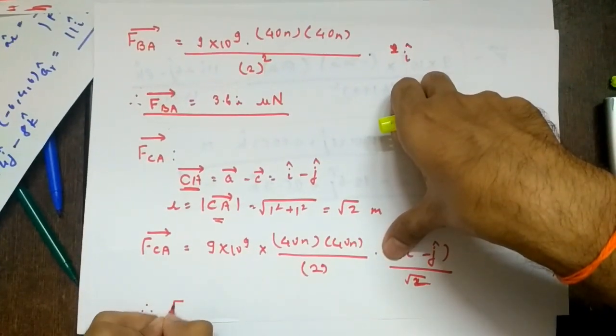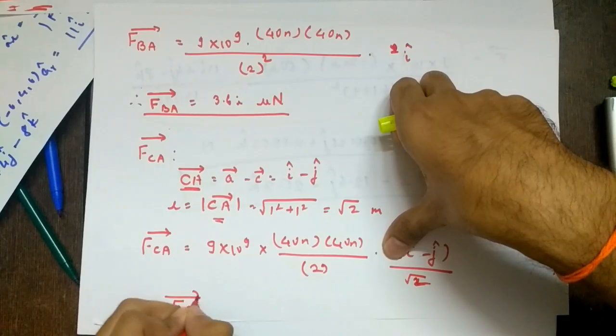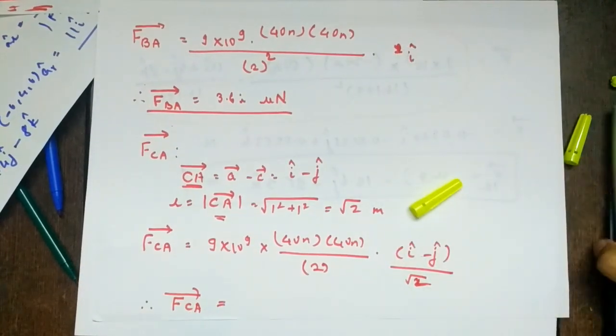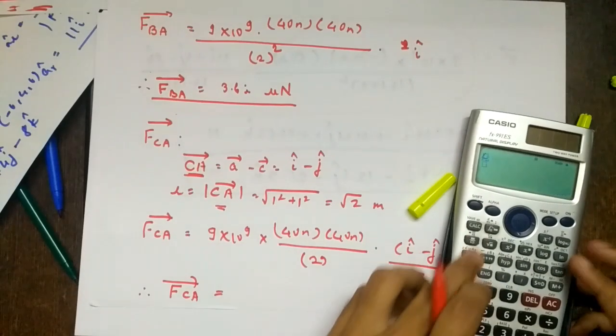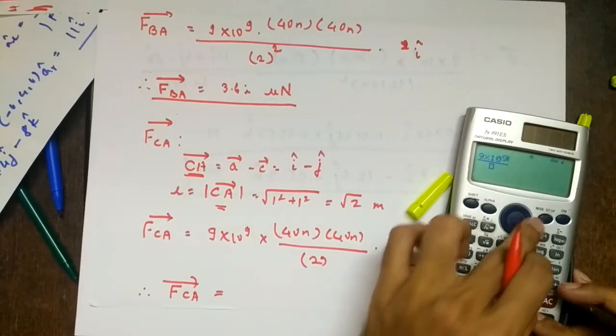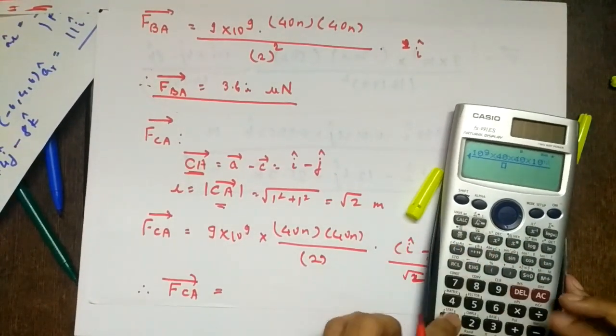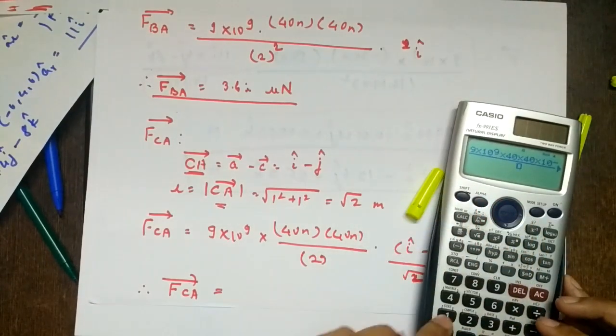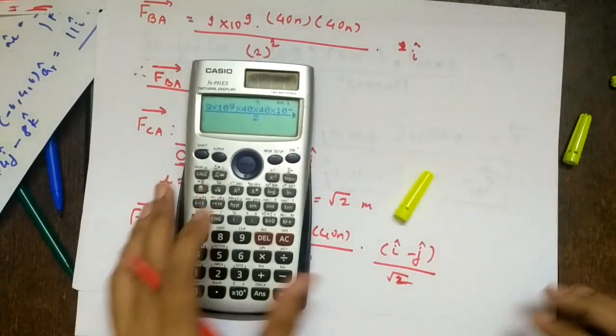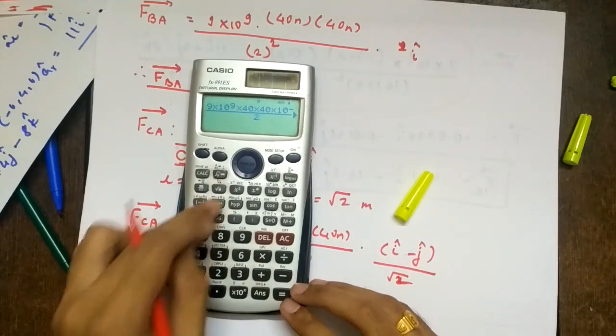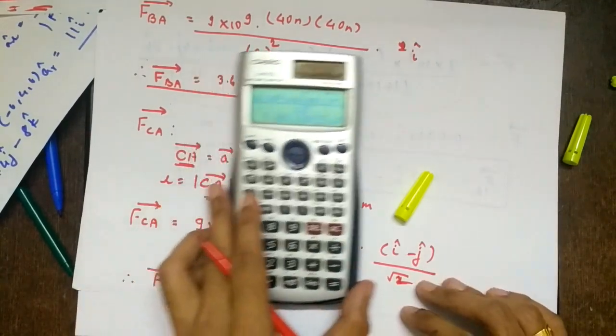So now you can find FCA vector. So what will be FCA vector? 9 into 10 raised to 9 into 40 into 40 into 10 raised to minus 18 upon 2. And this root 2 I am writing. Root 2. Right? Then what we have to do?